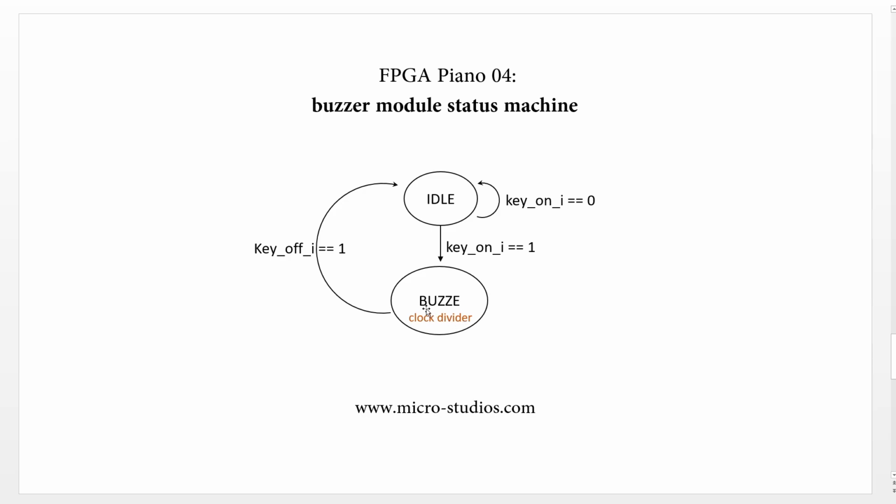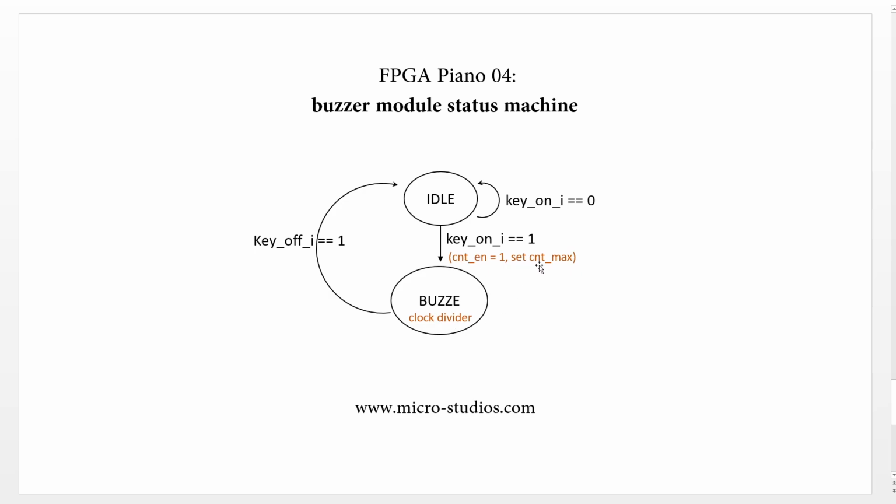When the buzzer module is in this state, we will begin to output the waveform. When the key on equals 1, we will enable the count. This value is to start the clock divider.